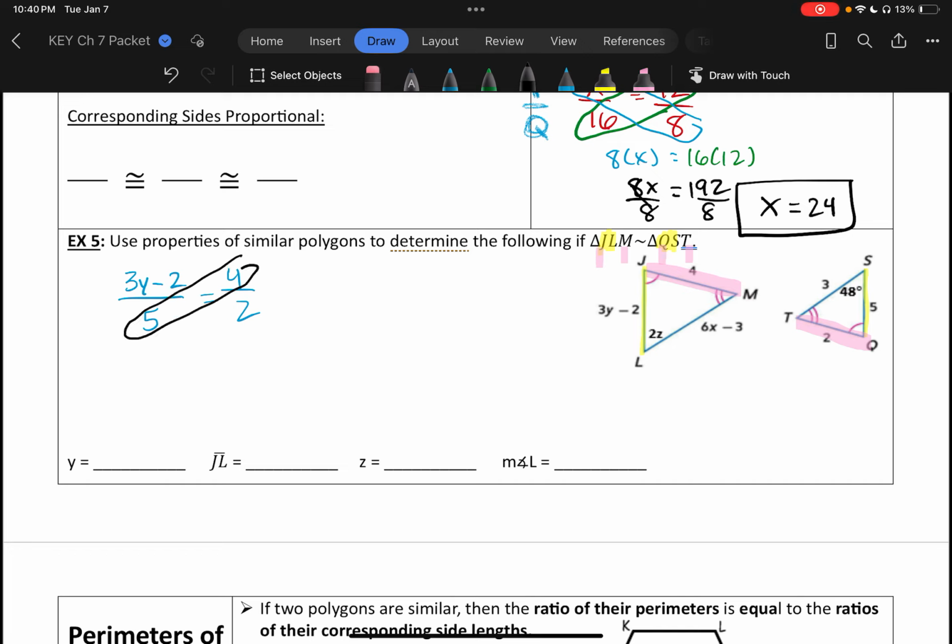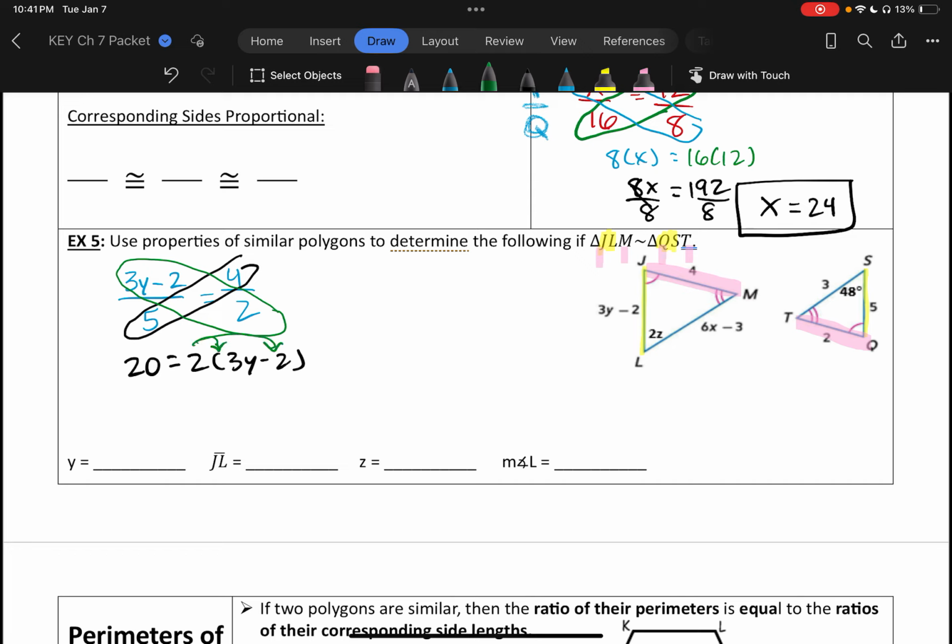I'm going to go through this process a little bit faster because you should be hopefully familiar with solving equations like this based off of yesterday's notes. So we got 5 times 4, which is 20, is equal to, when you multiply 2 times 3y minus 2, I like to always put that in parentheses so that I don't forget to multiply this out correctly.